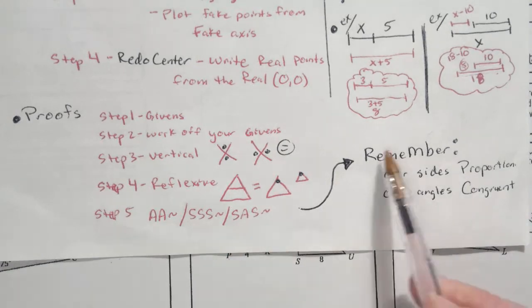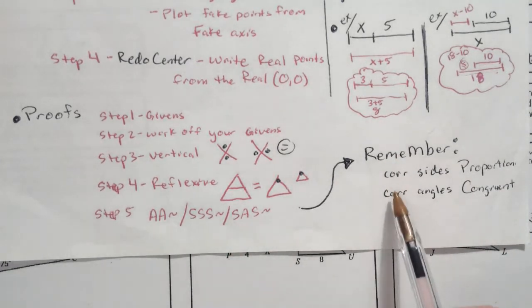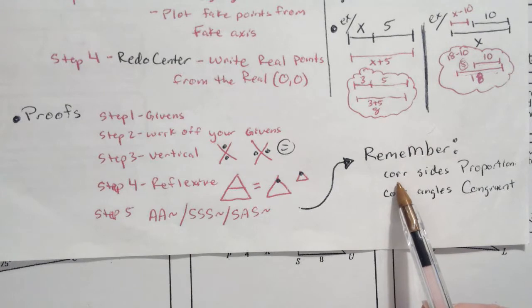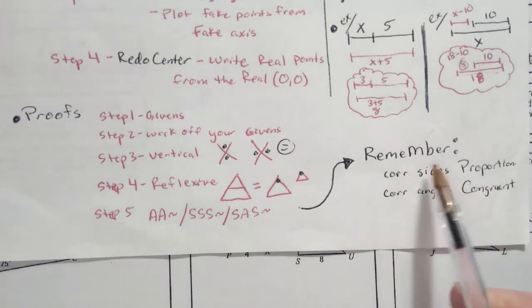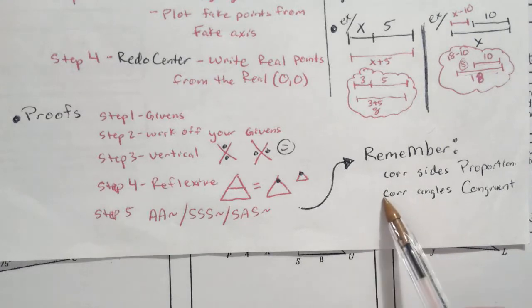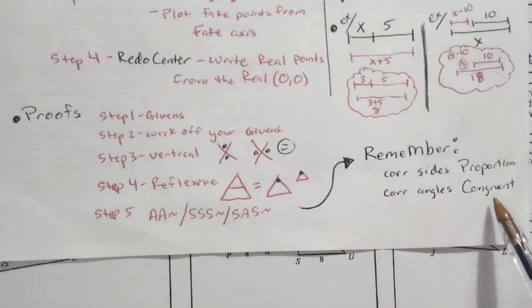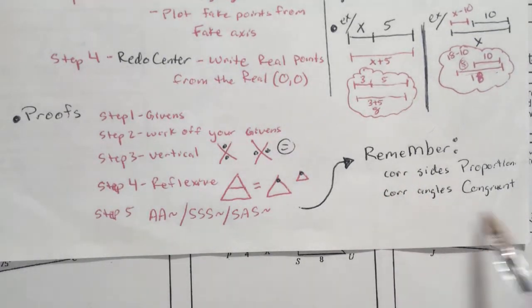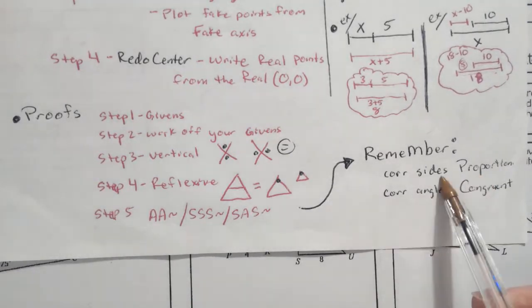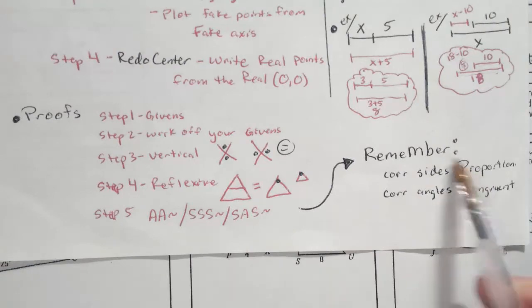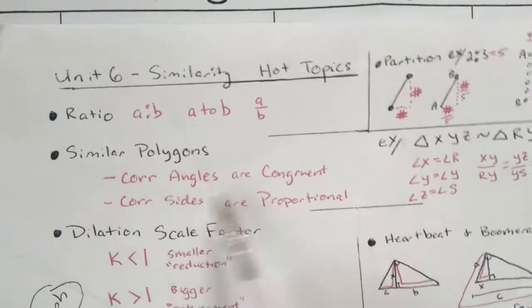So remember that. We might be saying corresponding sides are proportional, corresponding angles are congruent, or we might just switch those and say corresponding angles are congruent. So it's just the order of the sentences. The congruent still stays with angles, proportional stays with sides. So it could look like this, or it could look like this, saying angles first.